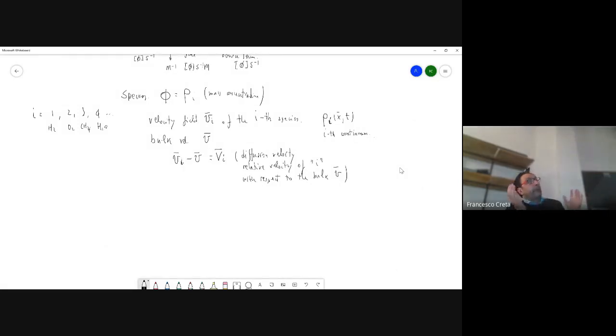So it's a motion or transport of the species with respect to the average motion of the whole continuum seen as a whole, okay?